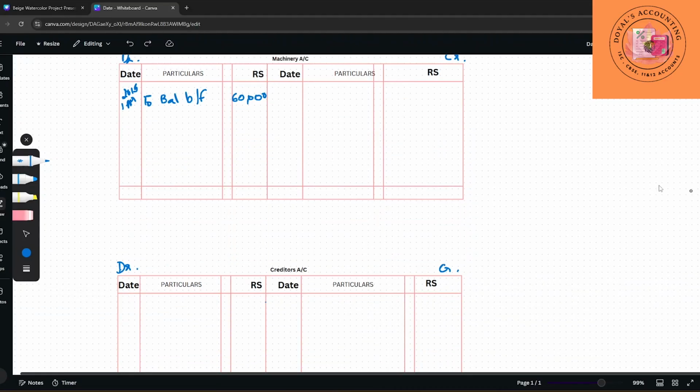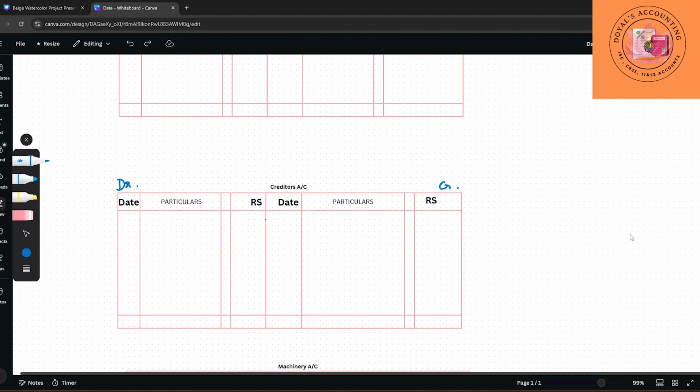And creditors will have a credit opening balance. Okay, so we will write it on the credit side, and in ledgers, whatever comes on the credit side will be written as by. Okay, by balance brought forward rupees 30,000.